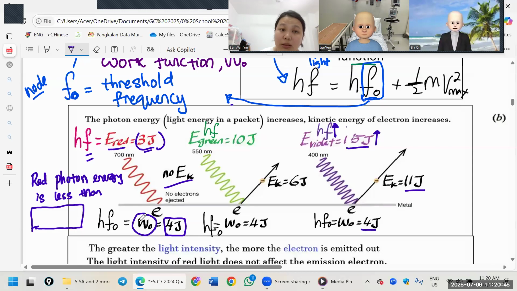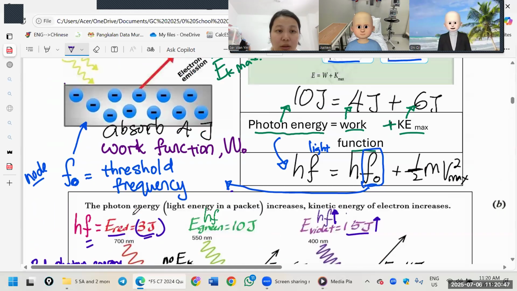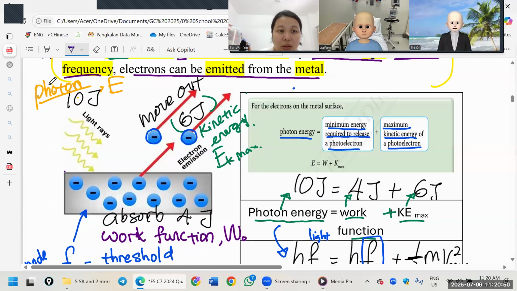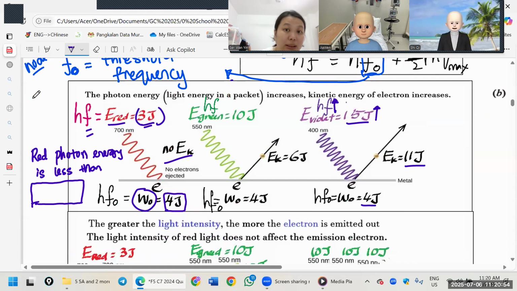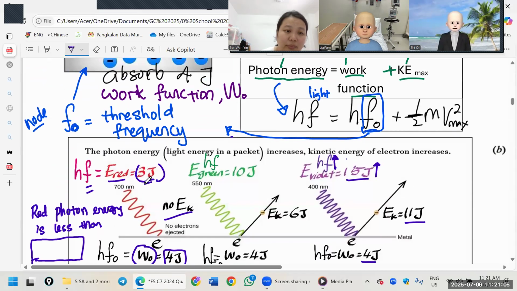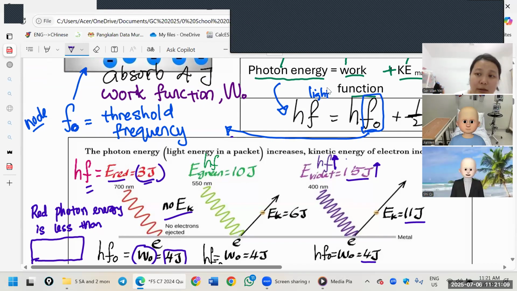What is W naught just now? So we say the photon energy is less than W naught. What's the full name of W naught? Anyone can help?